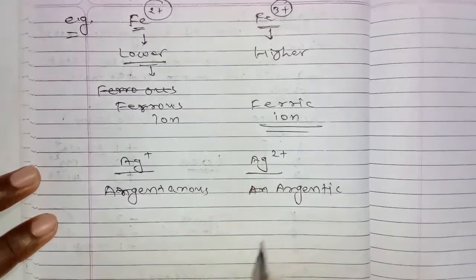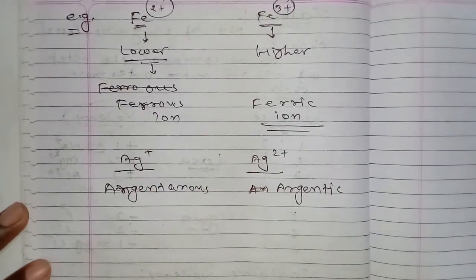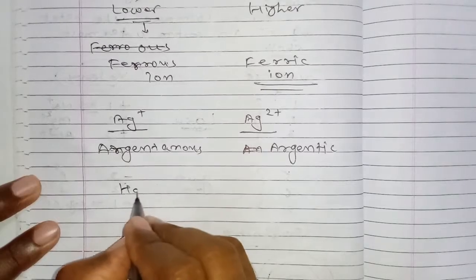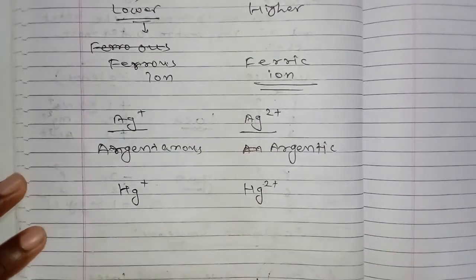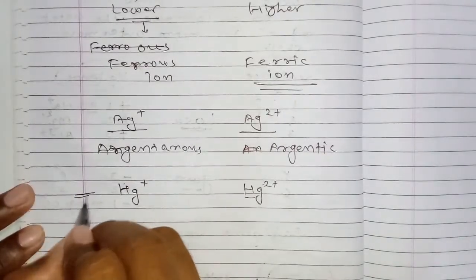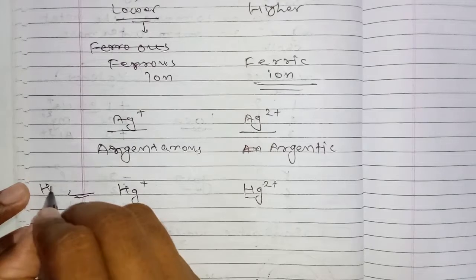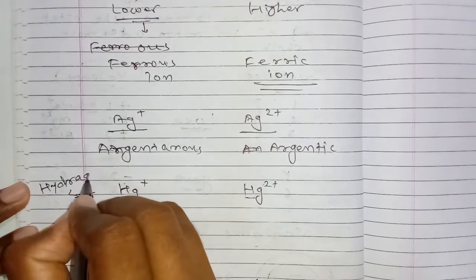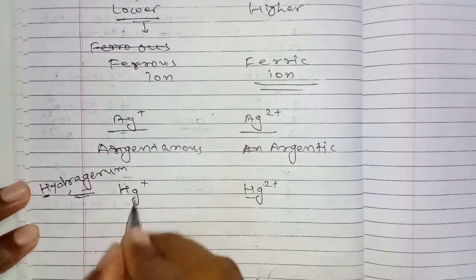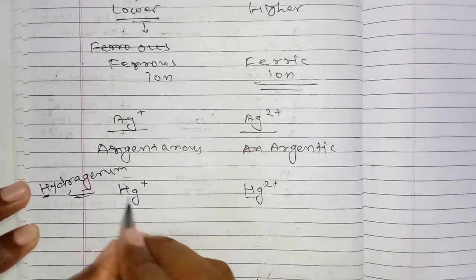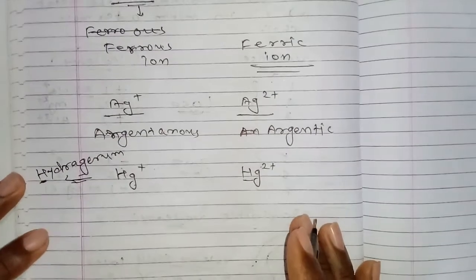Or Hg plus and Hg2 plus: Hg is mercury, whose Latin name is hydrargyrum, from which its symbol Hg comes.